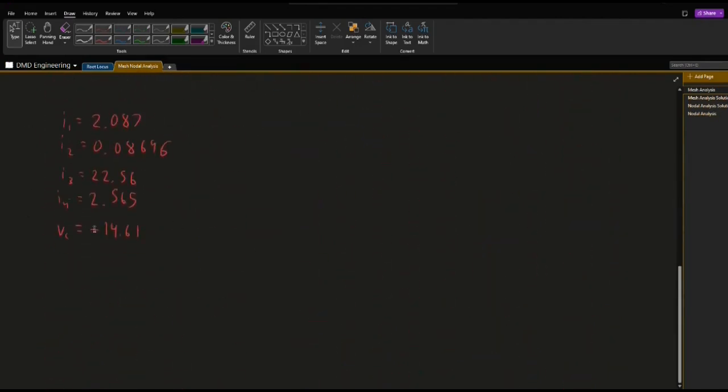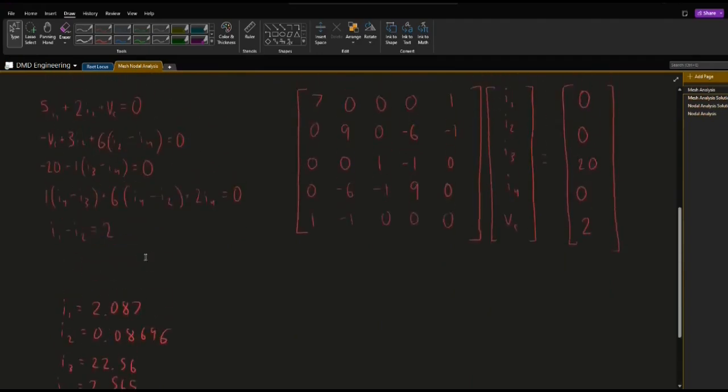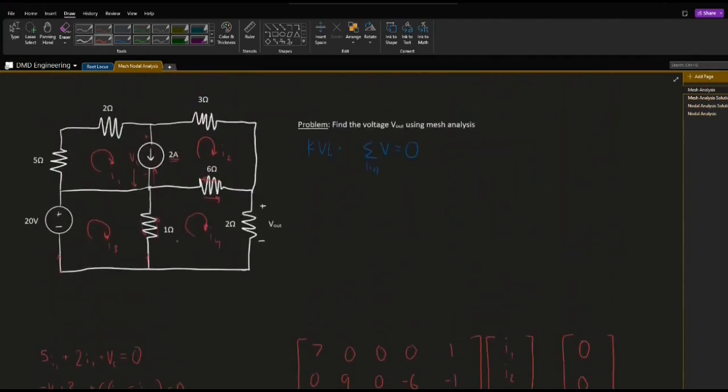So what do we do all this work for? Well, if we come up here and look at what Vout actually is, we know that V equals IR, and the current going through this resistor here is just I4. So Vout is equal to I4, and the resistance is 2.